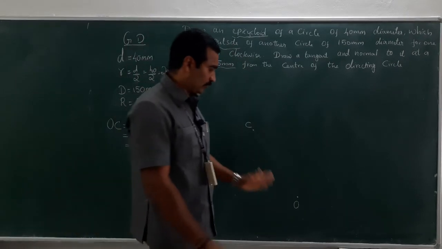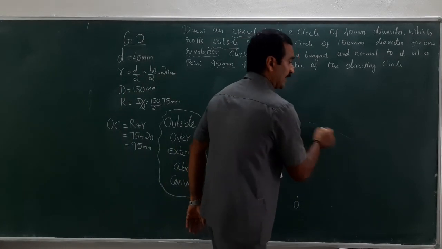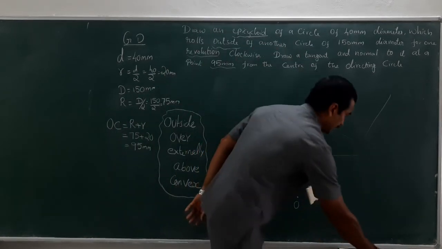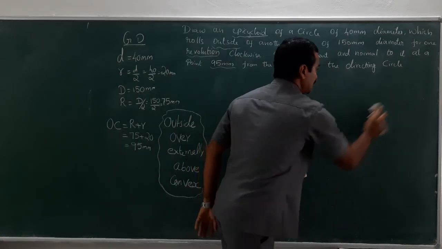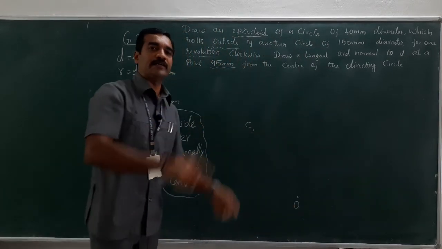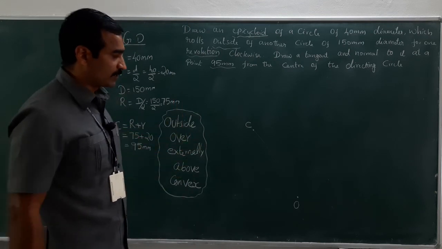It is not necessary to take this angle; you can take horizontal also, your wish. This is the initial position where the rolling circle starts rolling over the base circle or directing circle. So, OC has been drawn.